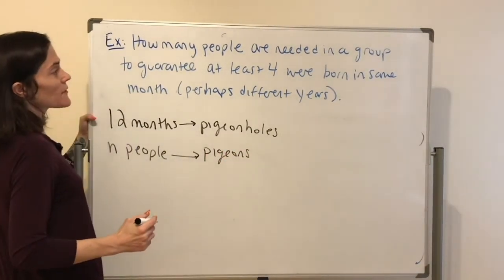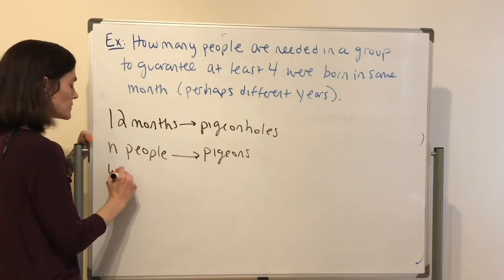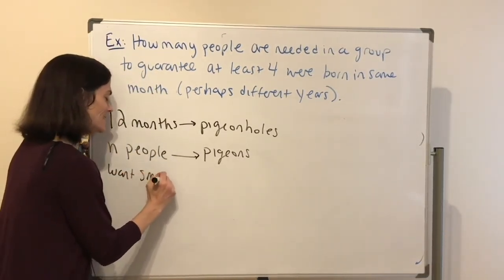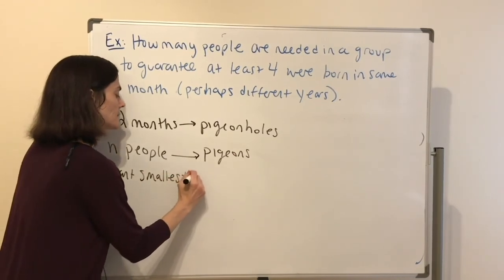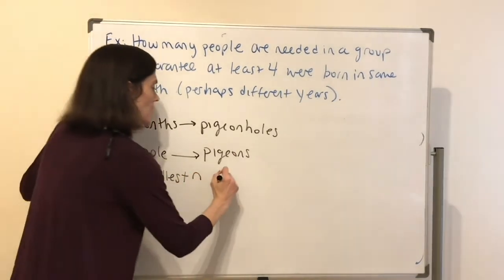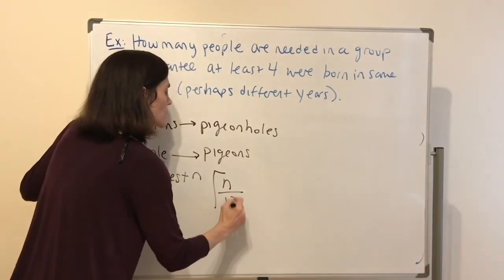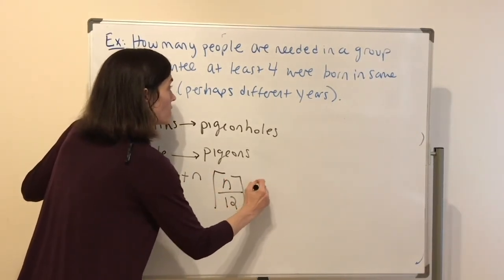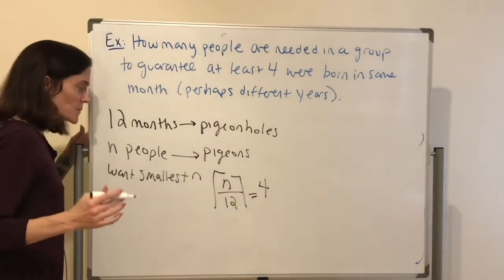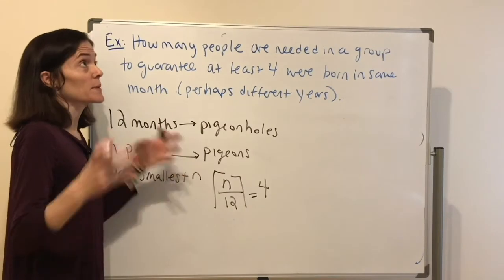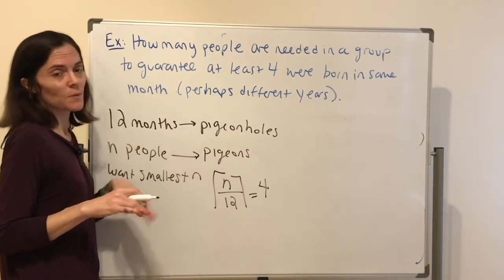And we want to guarantee, so we want the smallest N such that when you take the ceiling of N over 12, we get 4. And this would be the smallest number of people we could put in a group to guarantee that 4 of them were born in the same month.